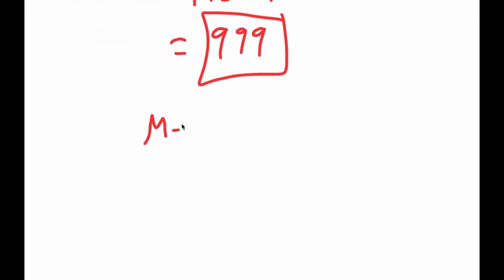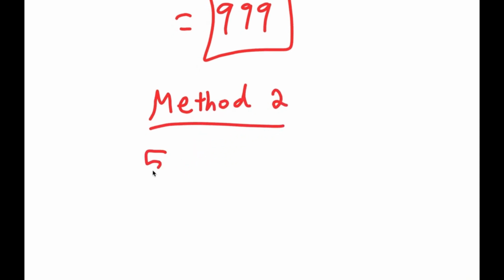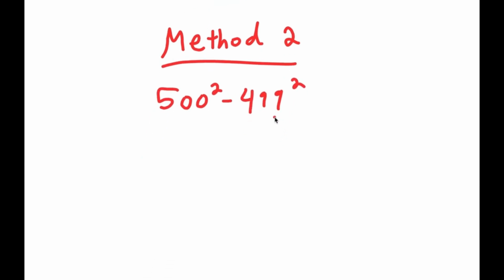Now for method 2, I'm going to rewrite my problem. 500 squared minus 499 squared. And now this time, last time we rewrote 500 squared, right? This time I'm going to rewrite 499 squared.